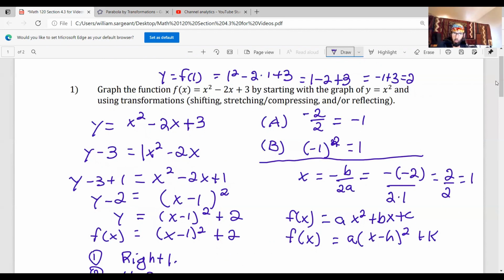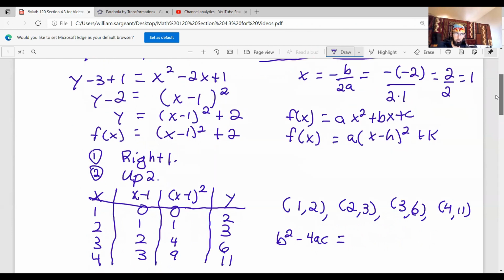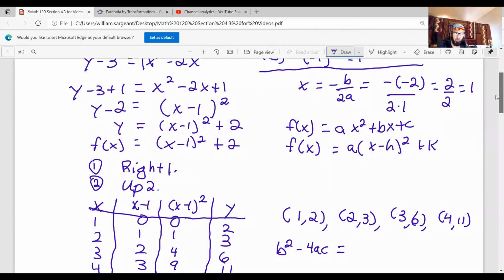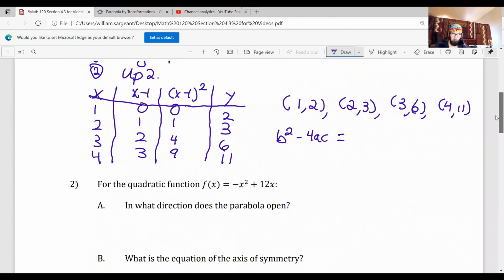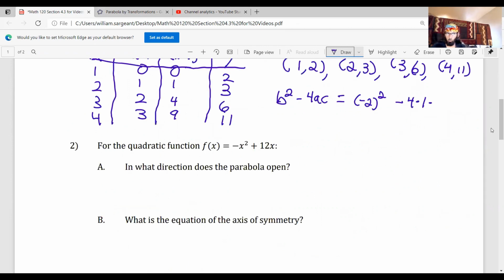Then as you would try to solve for that using the quadratic formula, let's see, we've got b is -2, a is 1, and c is 3. So when we put those into the discriminant, we get 4 minus 12, which is a -8.